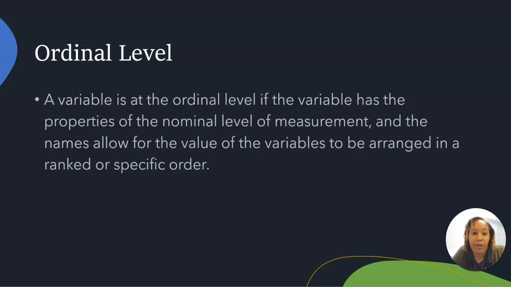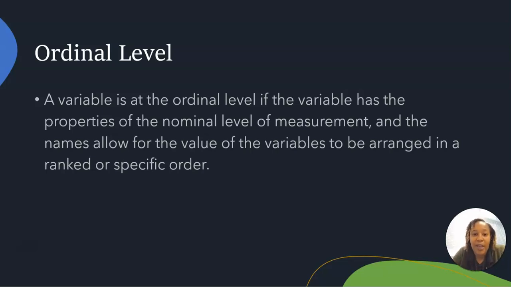Then we have ordinal level. Ordinal level means it's nominal level, so it classifies the data, but then it also can be ranked in order. So if you think about blood type, or the eye color, those can't be ranked in order. If you rank them in order, it doesn't mean anything, or how would you even rank them?